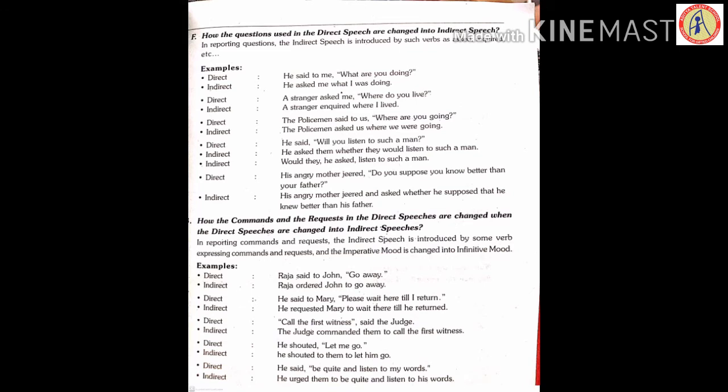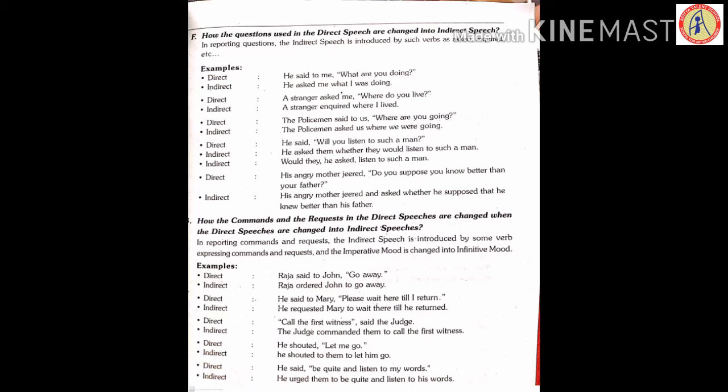Now, if interrogative questions are given, how do we change them? How are the questions used in the direct speech changed into indirect? In reporting questions, the indirect speech is introduced by verbs like asked, enquired, etc. He said to me, "What are you doing?" See, what are you doing? It is an interrogative sentence.